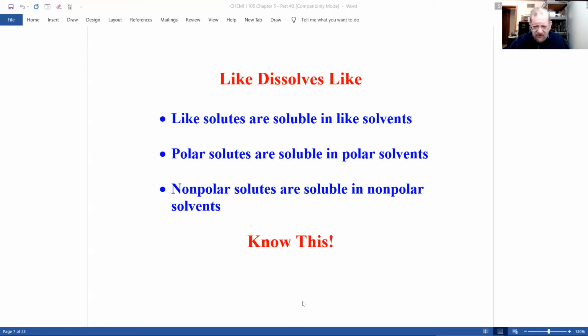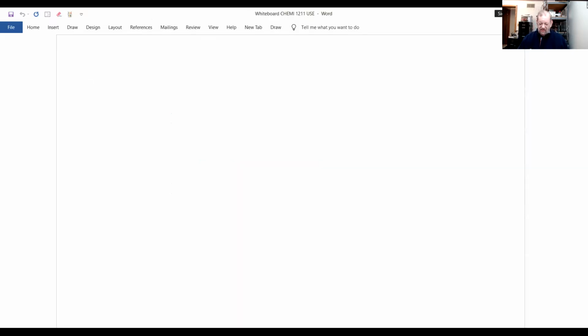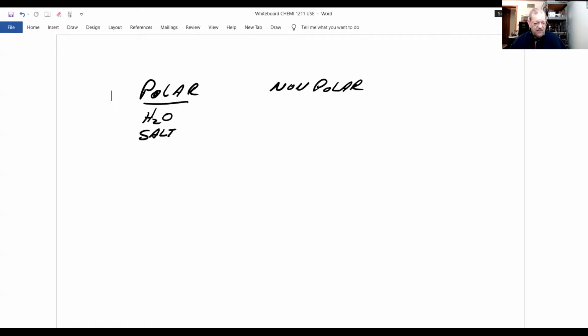Now, one of the things that's important about like dissolves like, and this is one of the few things you have to memorize, are polar and nonpolar substances. The most polar thing in our world, in the universe, is water. Salts like sodium chloride are polar.